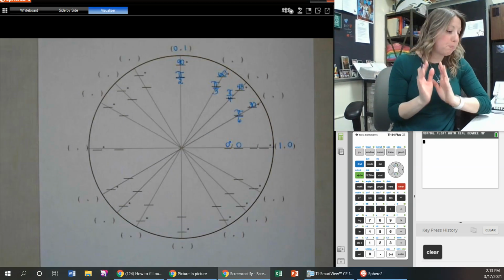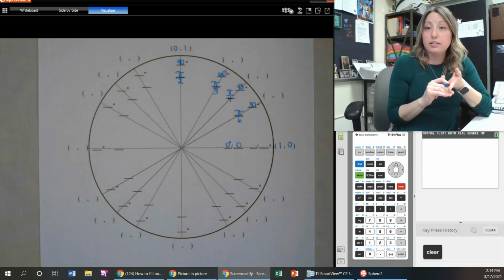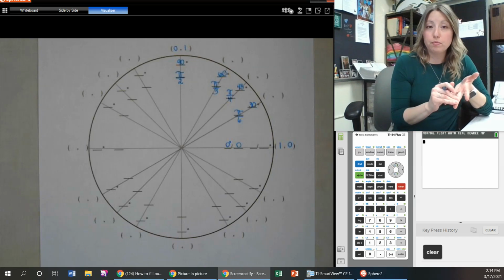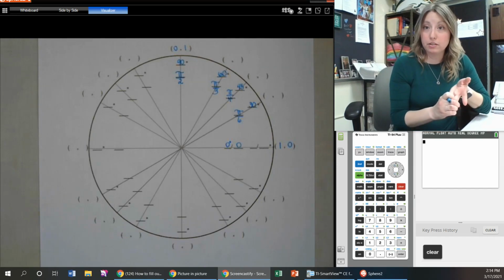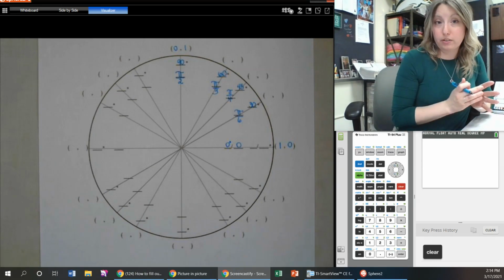Now, let's think back to our 30, 60, 90 right triangles, okay? In a 30, 60, 90 right triangle, the sides are in proportion to the angles in 1, radical 3, 2. So since the hypotenuse is 2 for both of these, you're over 2 in all of the points, okay?